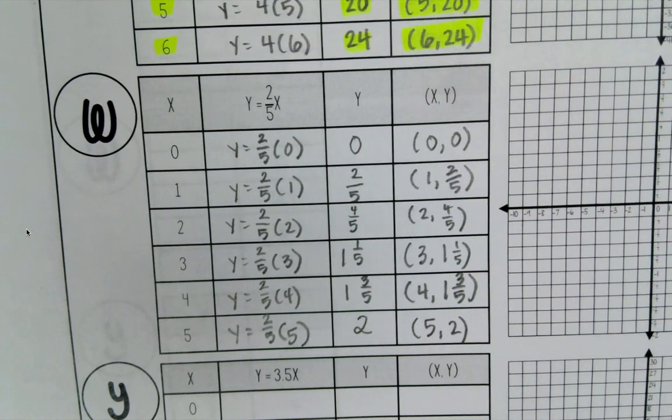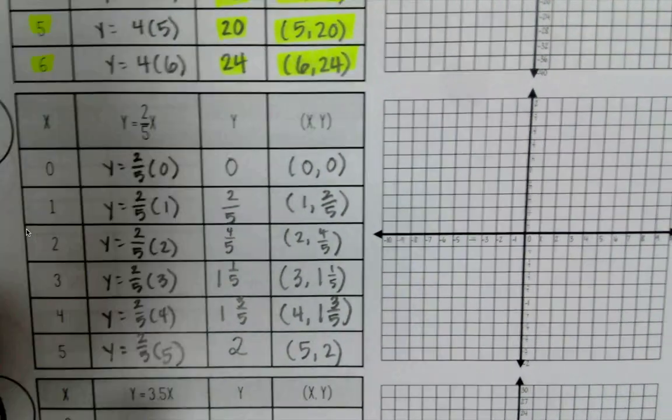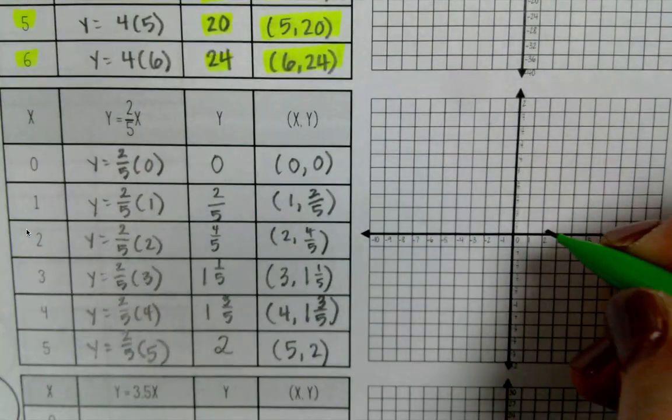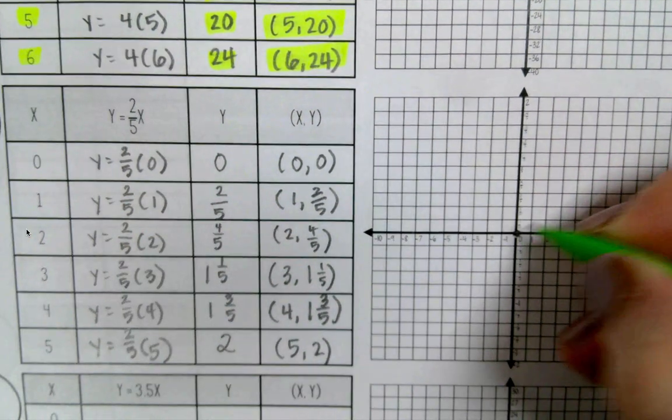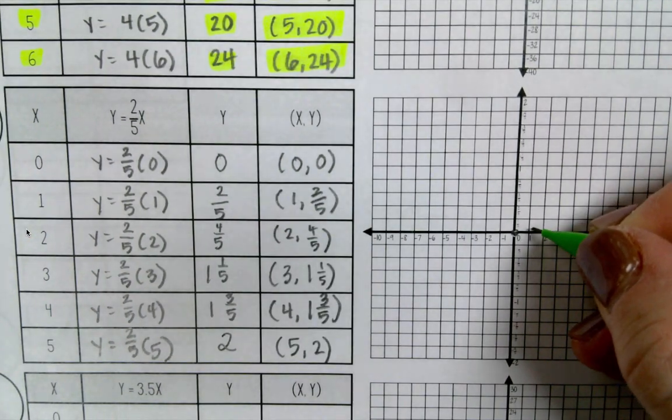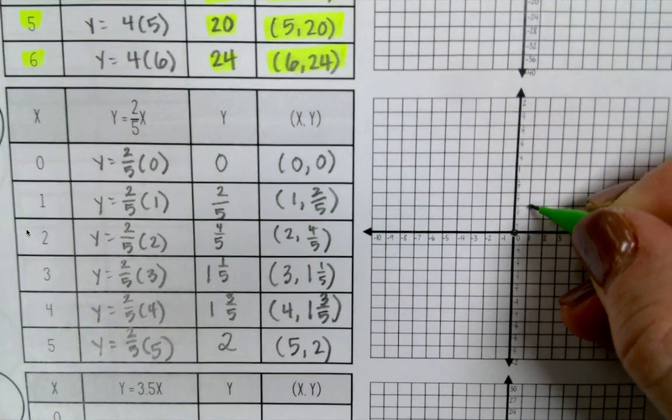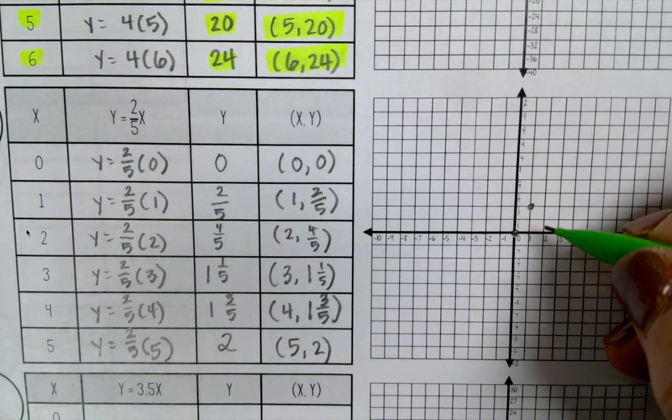Okay, so we're going to go over here and we're going to graph. I have my origin 0, 0. Then I have 1 comma 2/5, so over 1, up 2/5. These are super tiny, I know.